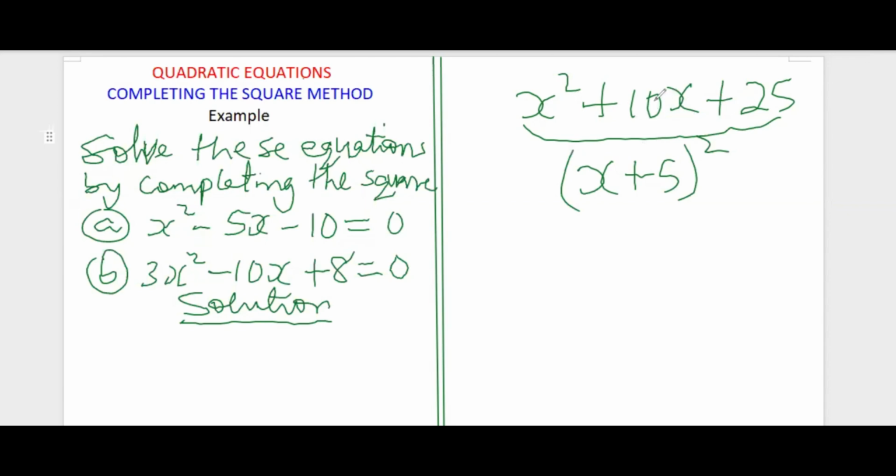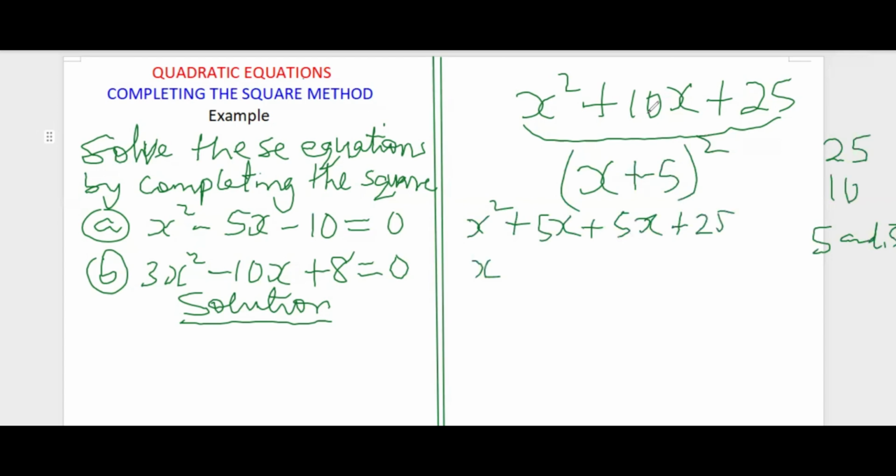And if you factorize this, normally the product is 1 times 25, which is 25, and the sum is 10. Two numbers that multiply to give 25 and sum to give 10 are 5 and 5. So if you factorize this now, you have x squared plus 5x plus 5x plus 25. x is common here, so you have x plus 5. 5 is common in the second one, so you have 5 into x plus 5.